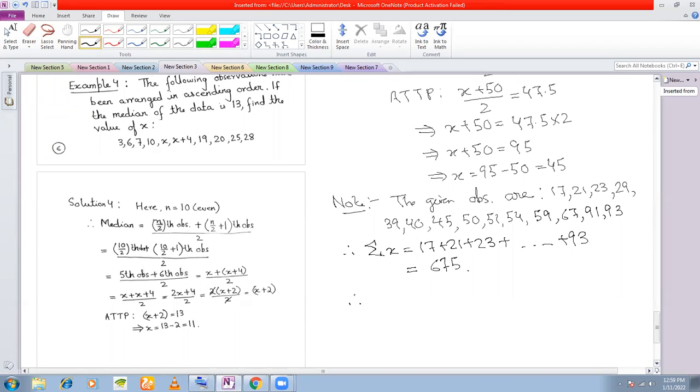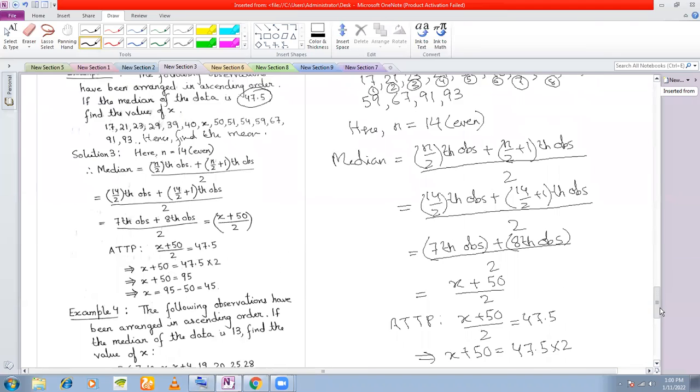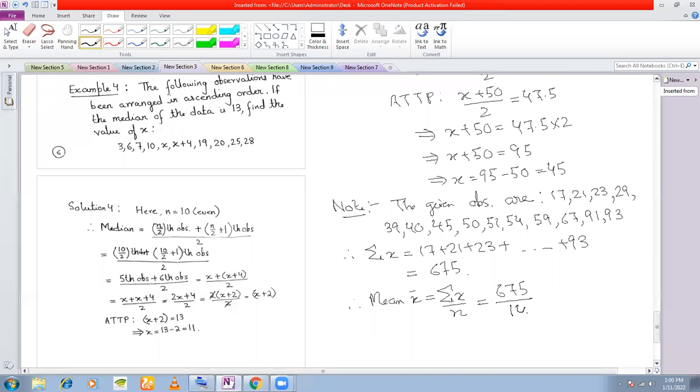Okay. So therefore mean X bar will be equal to summation X divided by N. Summation X you found about 675. And how many observations were given to you? There were 14 observations. Okay. This is 679, not 675. Divided by 14 will give you 48.5.